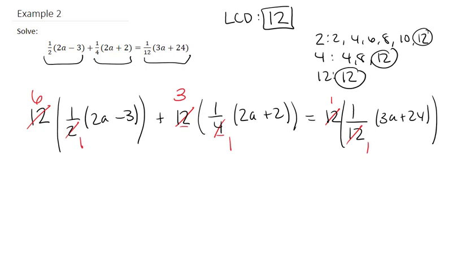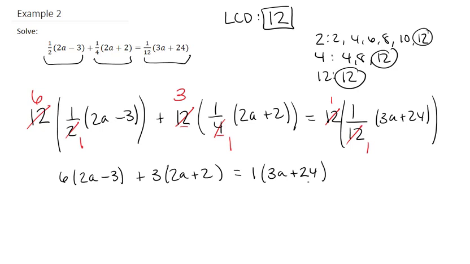Now let's rewrite this first and then we'll multiply out. We have 6 times 1, so that's 6 times (2a minus 3), plus 3 times 1, so just 3, times (2a plus 2), which is equal to 1 times (3a plus 24).